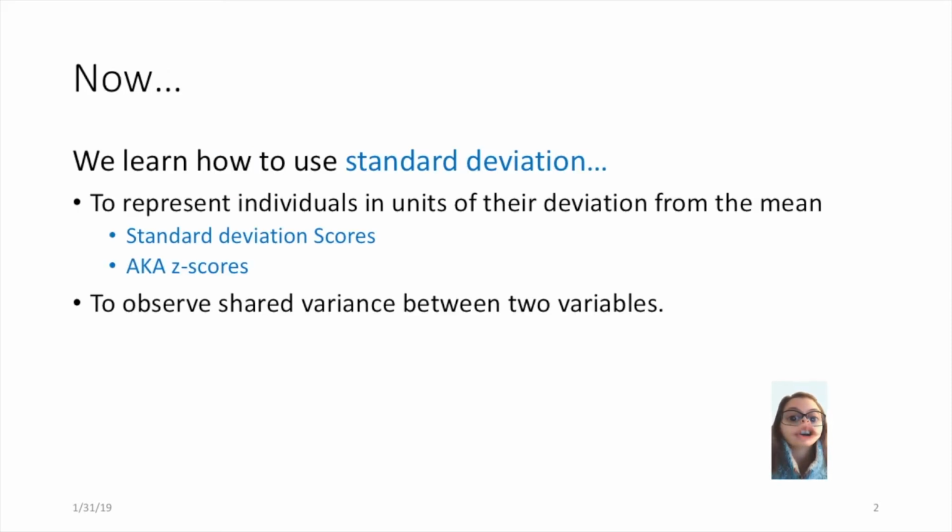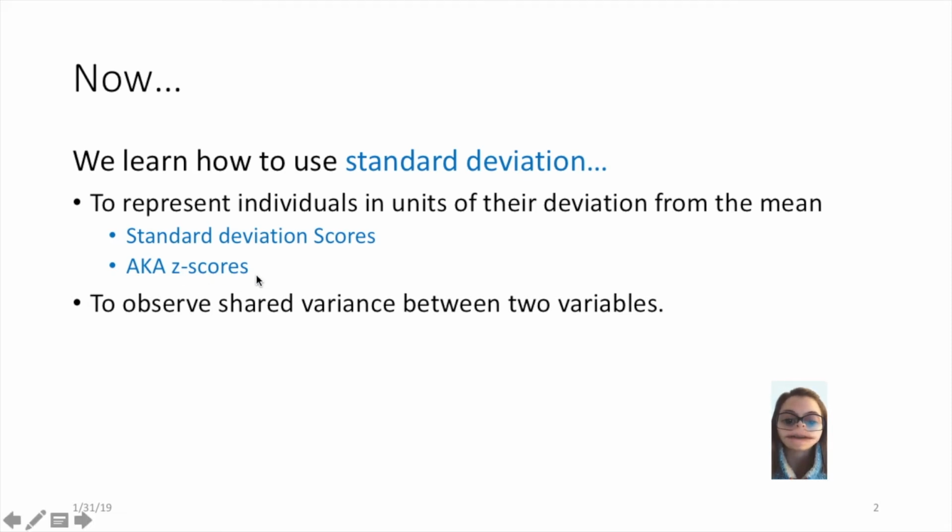What we're going to talk more about today and the next class is how we can use the standard deviation for bigger and better purposes. So mainly we're going to learn how to use the standard deviation to represent individuals in units of their deviation from the mean. And we'll do this by calculating standardized deviation scores for each person, which is just another way of saying we're going to be calculating z-scores for each person.